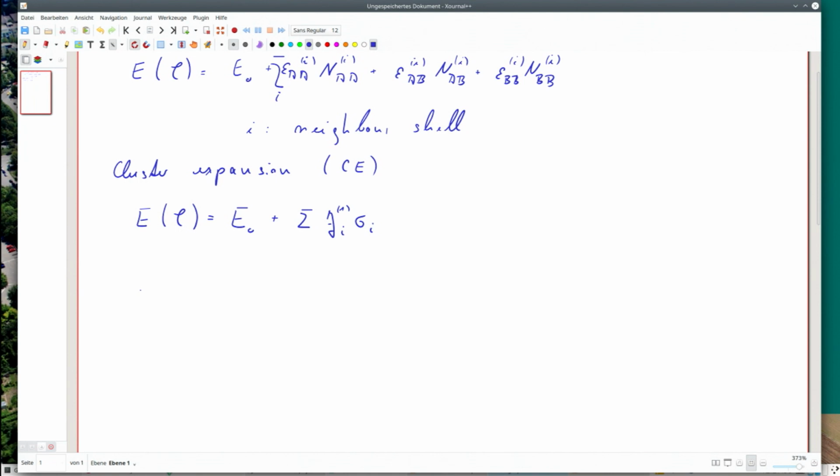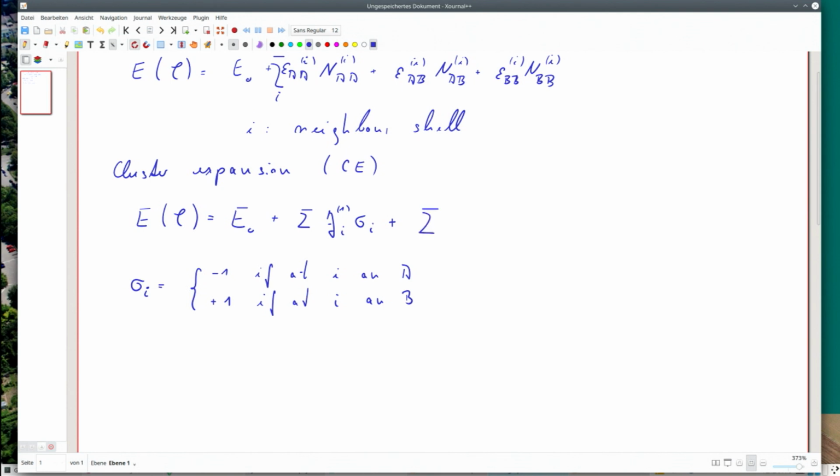Guru used this notation before. The sigma i is plus or minus 1, just the occupation variable: minus 1 if position i is an A, and plus 1 if we have a B at this position. So this is kind of a self-interaction which we can completely neglect.